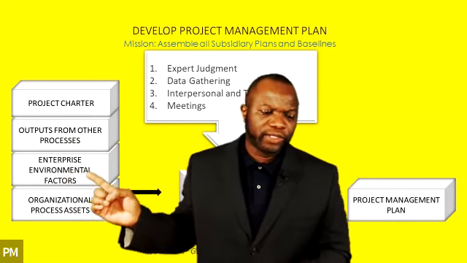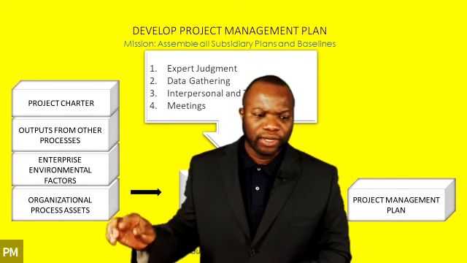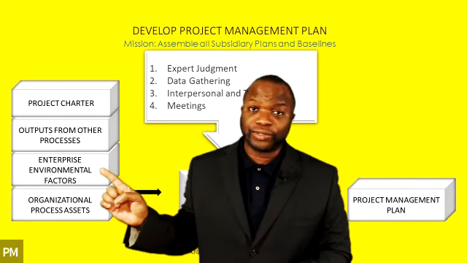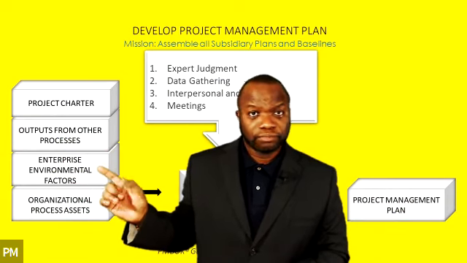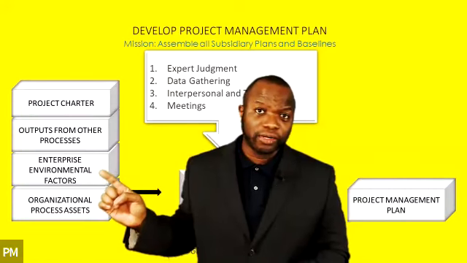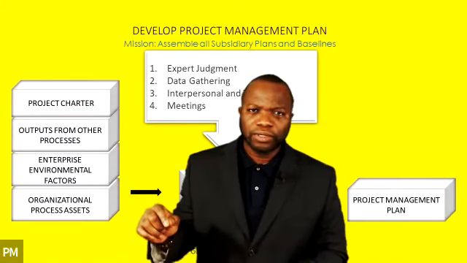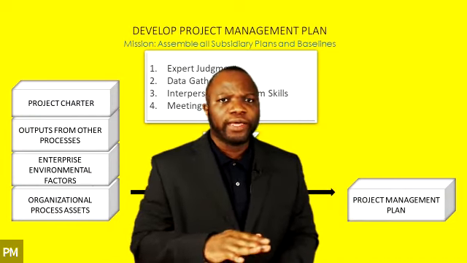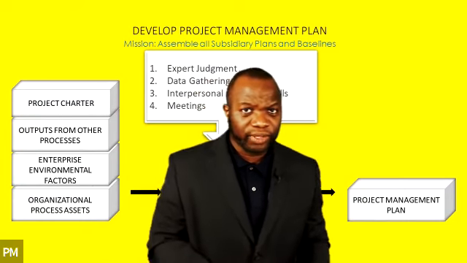Okay, enterprise environmental factors and organizational process assets, we've talked about these. Remember the mnemonic, only great individuals inspire resources every day. And remember, my senator legalized cranberry and granola for patients, probably hungry patients. But you remember that. This is going to help you get through this EEF and OPA repetition.